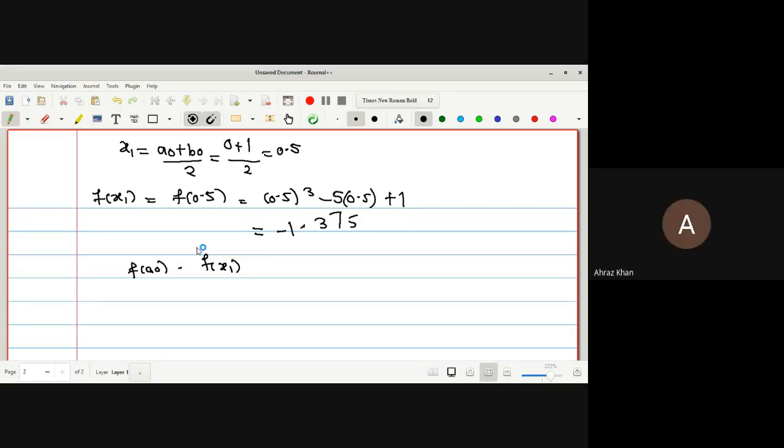That's negative 1.375. Okay, why? Because f of a naught is positive. What is the value of f of a naught? It is 1. And this is negative. So the resultant is less than 0.